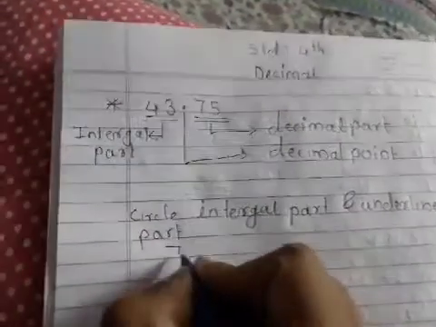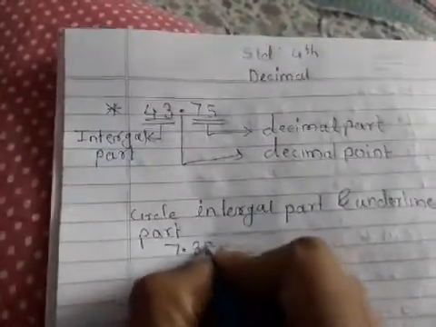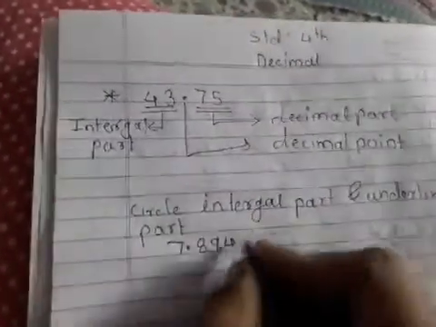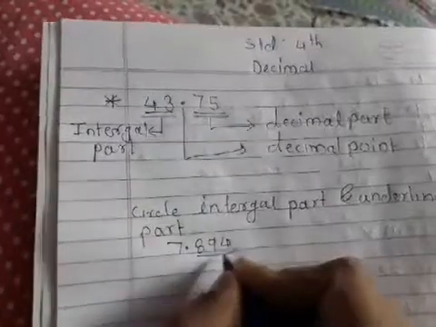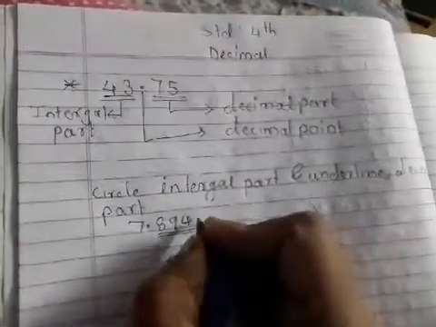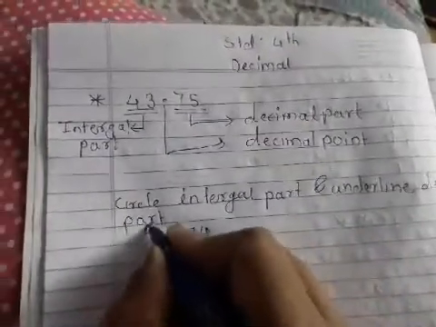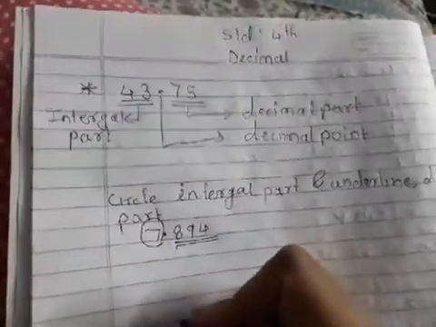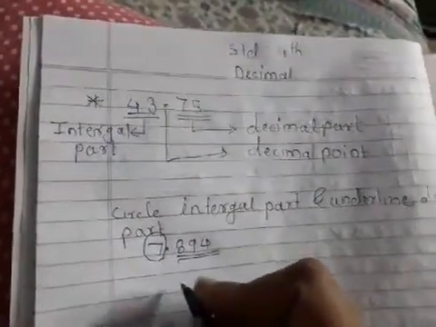See here, 7.894. 894 is the decimal part and 7 is the integral part. You circle that.